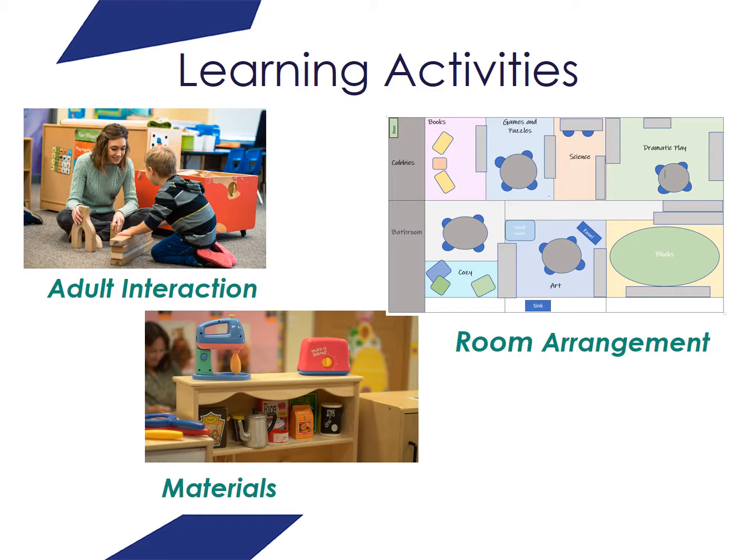There are several aspects when considering learning activities. They include adult interaction, materials, and room arrangement. Adult interaction is vital to every early childhood program and includes 2 types of adult interaction: basic interaction and intentional interaction. With basic interaction, adults are pleasant and present in the classroom, but are not intentionally increasing the opportunities for children to grow.